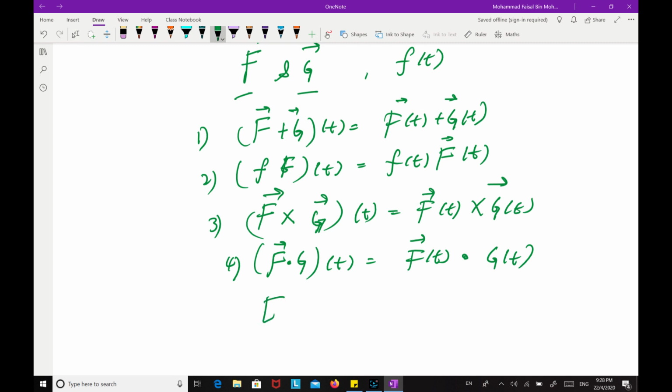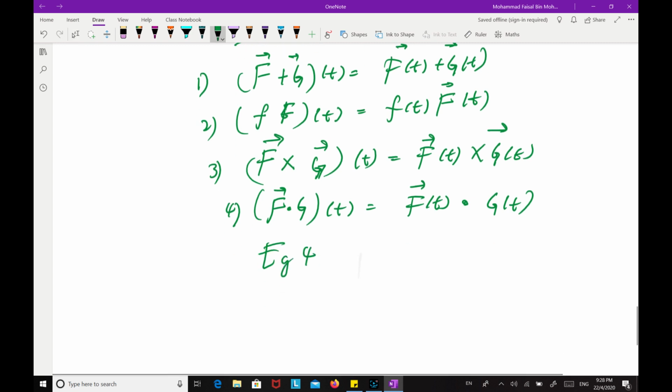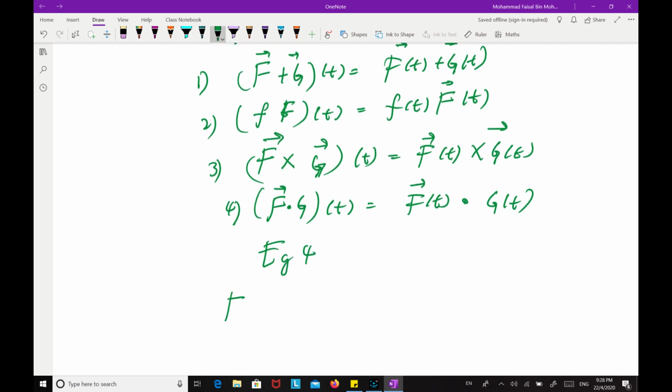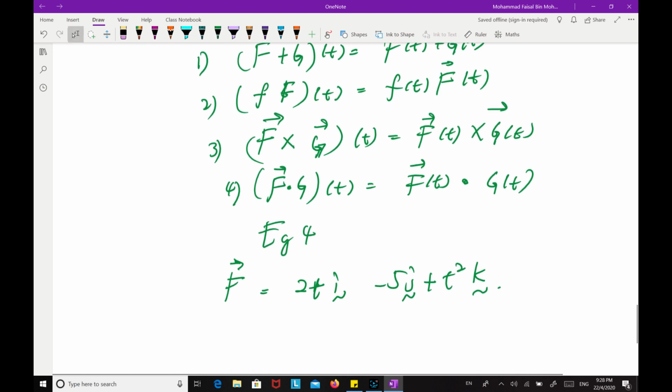Example 4. Let f(t) equal 2t i minus 5j plus t squared k. Okay, g will be 1 minus t i plus 1 over t k.